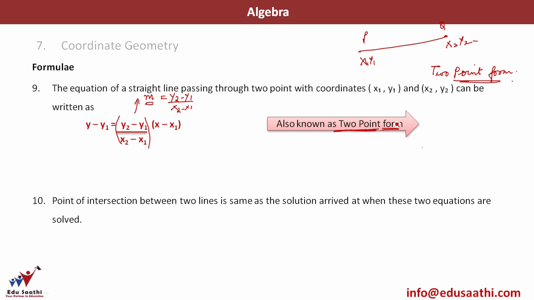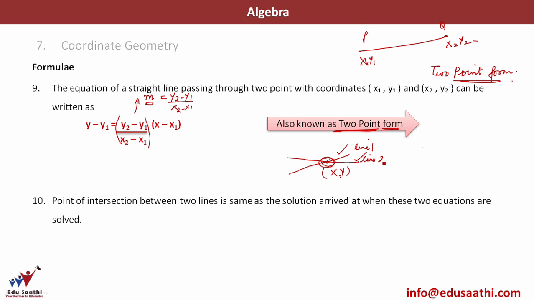Now, if there are 2 lines given to you, those 2 lines may intersect each other. This point of intersection is a common solution for both the lines. This point x, y would satisfy the equation of line 1 and the equation of line 2 simultaneously.